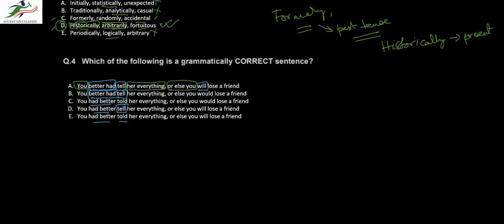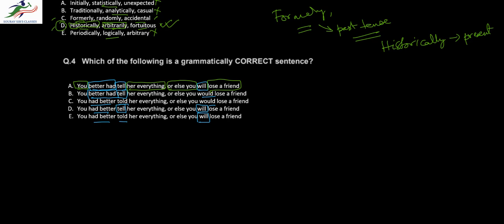So the choice is will, which appears in options 1, 4 and 5, and would appears in 2 and 3, and then lose a friend is common again.